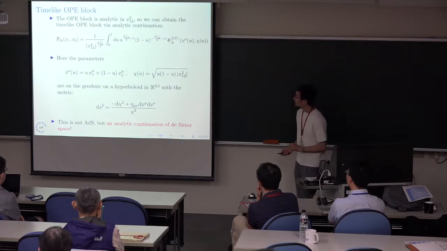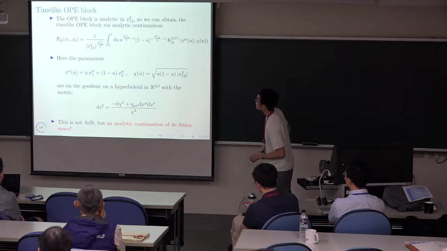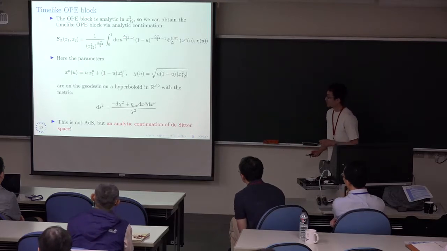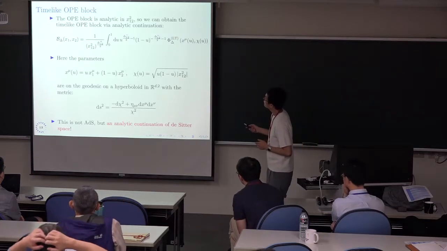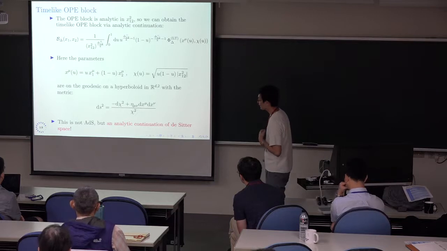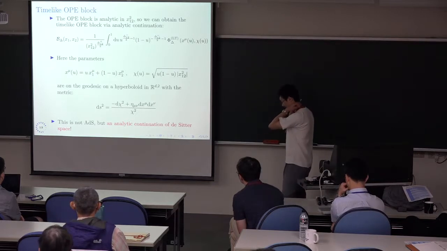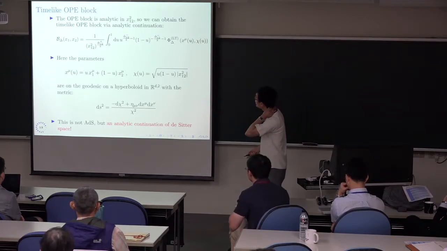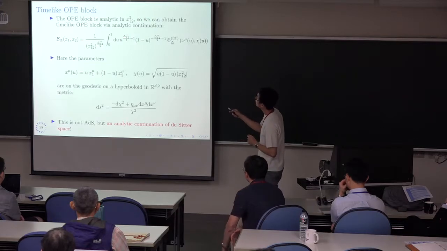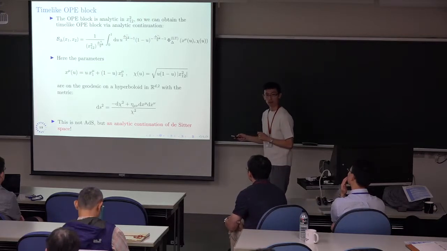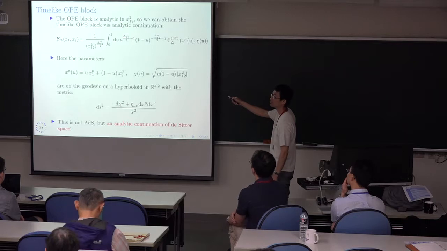Okay, so in the last couple of minutes, let me talk about the timelike case. Basically, the timelike case can be also treated in a similar way to the spacelike case. But now x12 squared is negative, whereas in the spatial case x12 squared is positive.